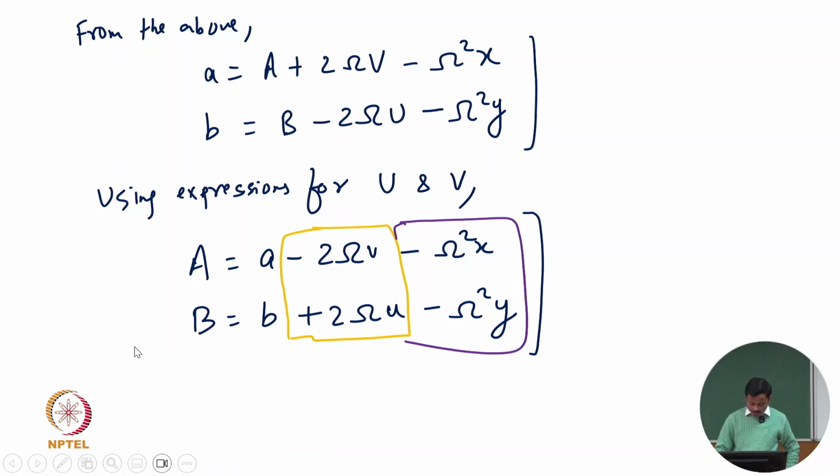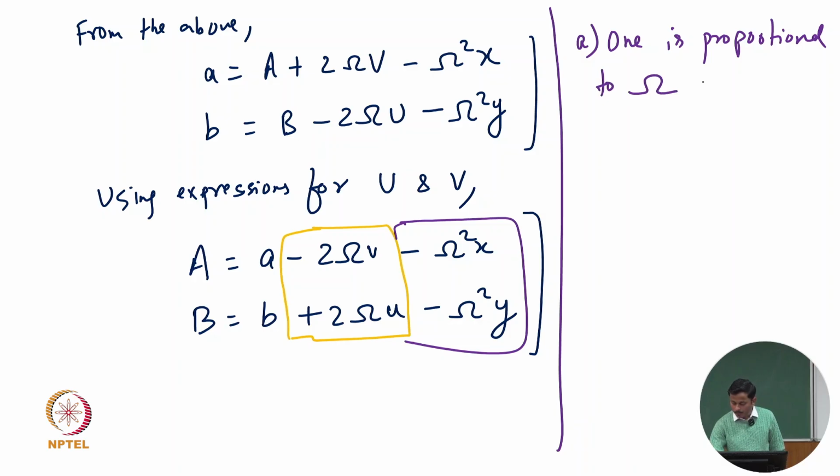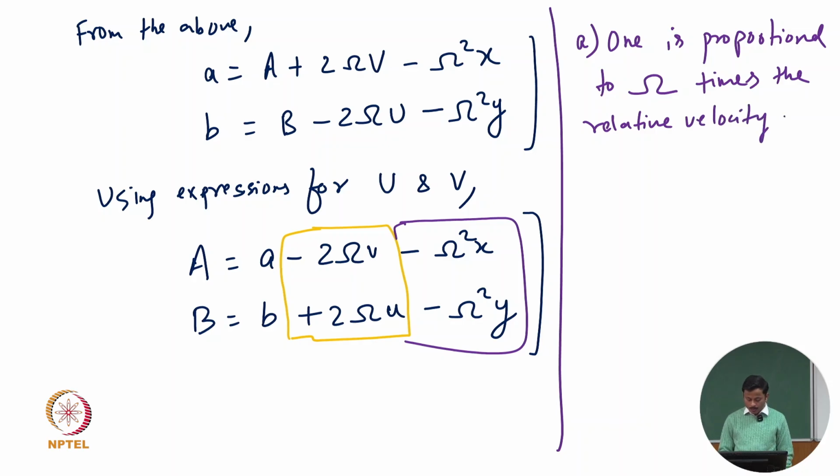So here we see that these new terms consist of two contributions. First, one is proportional to omega times the relative velocity.